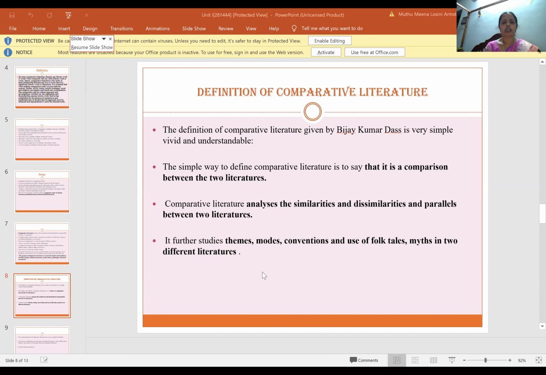It analyzes the similarities, dissimilarities, and parallels between two literatures. It also further studies themes, modes, conventions, and the use of folk tales and myths in two different literatures.